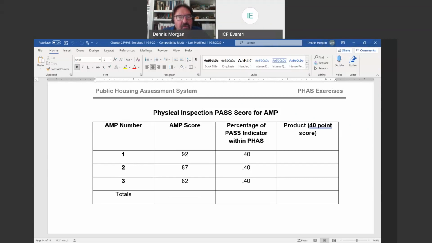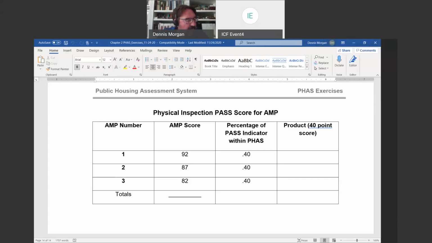I'm going to take these numeric scores and put them into a 40-point system. 92 times 0.40 gives me a score of 36.8 on a 40-point system. AMP number 2 scored an 87 times 0.40, which gives me 34.8 for that particular AMP. AMP number 3 scored 82, so on a 40-point system, that gives me 32.8.